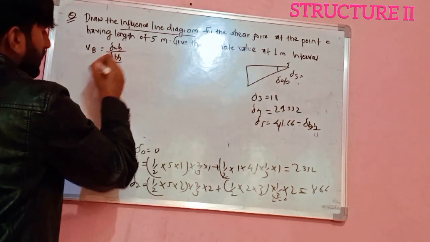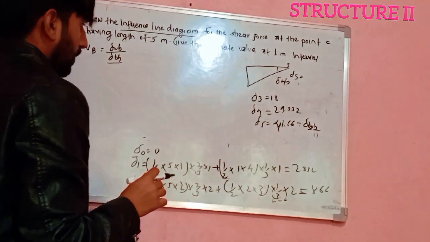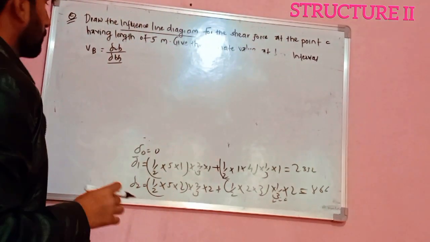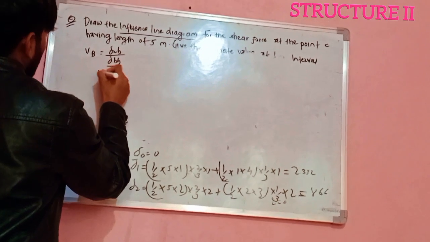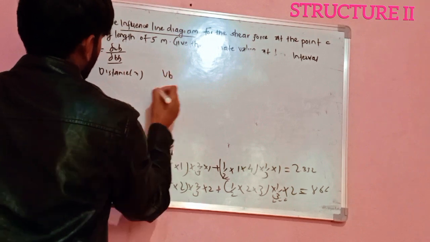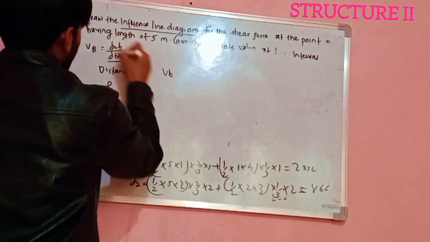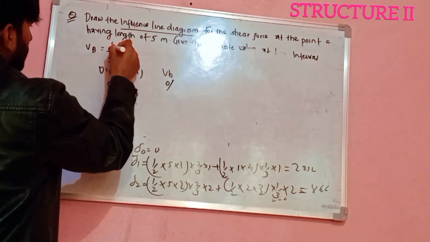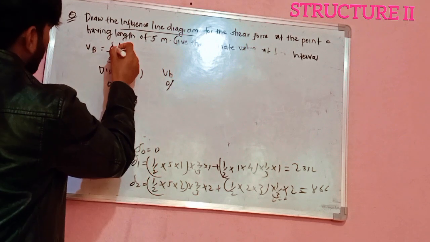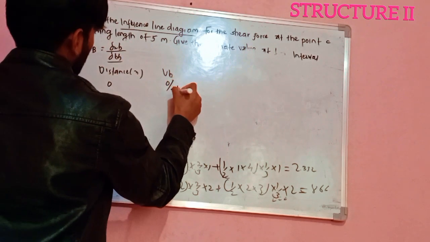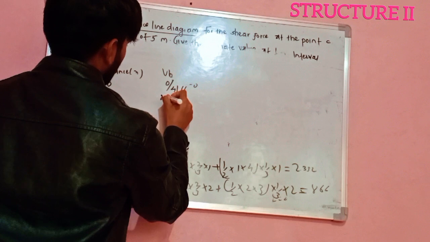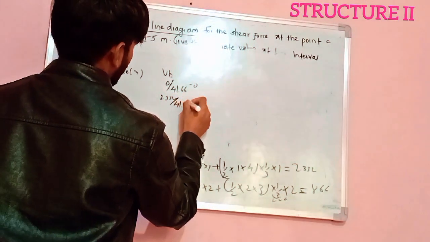So this we have as 41.66. Now we'll find the ordinate at every point. This is X, this is the BB ordinate. When X is 0, del 0 is 0, divided by 41.66 becomes 0. When X is 1, you get 2.332 divided by 41.66.